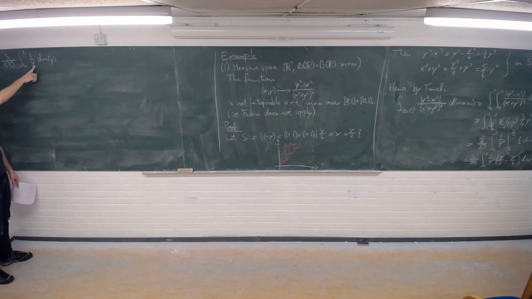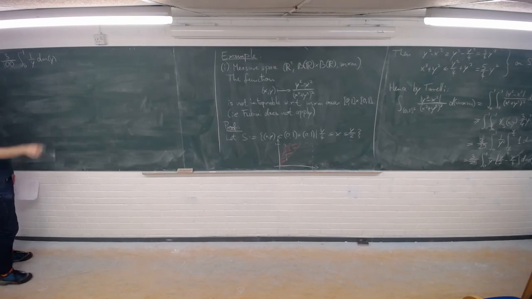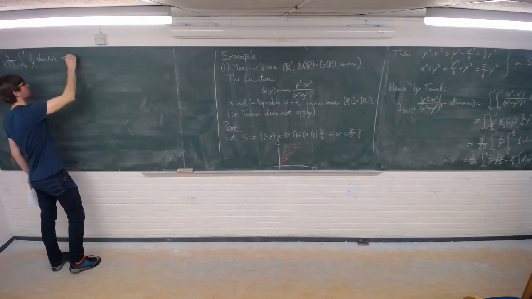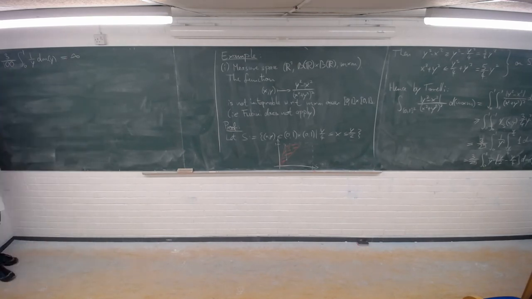But we know that this integral is infinite, right? Because 1 over y has the singularity at 0, and the integral of this function is infinite. So we get infinity.